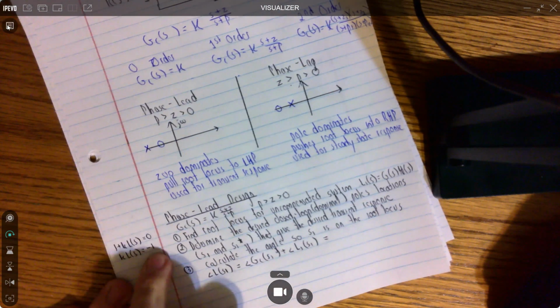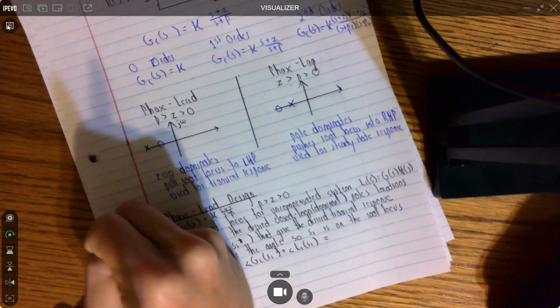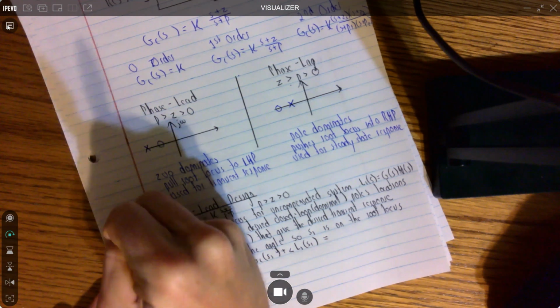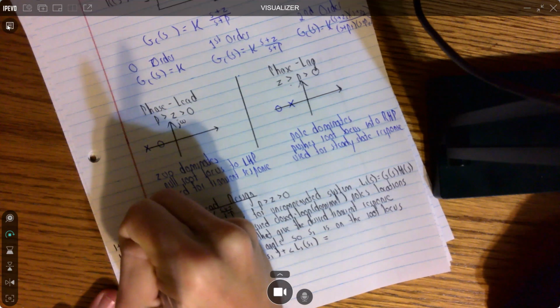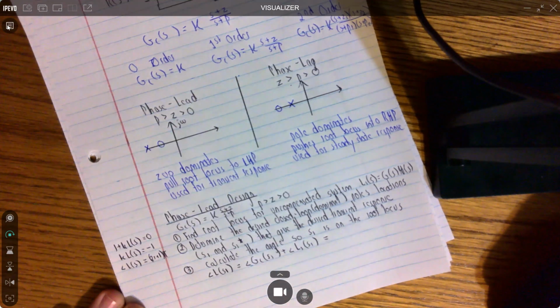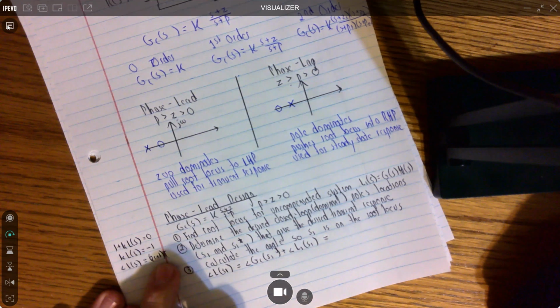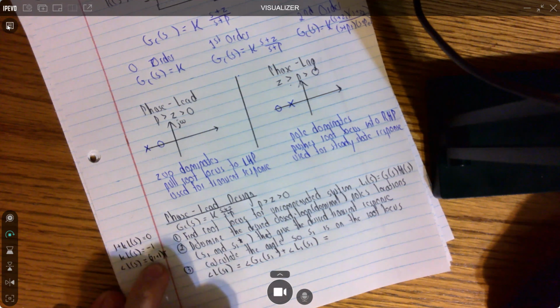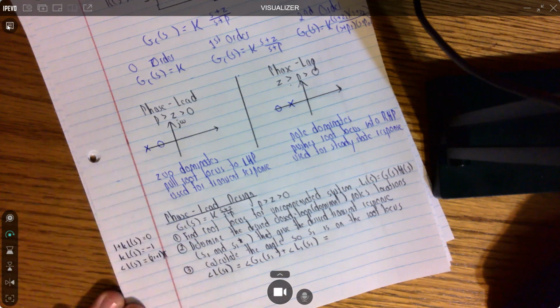Remember, -1, if you take the angle of this, it's basically just going to say your angle of L of S is going to equal, and then here it would be 2r plus 1 times pi. And so that's what we have here because that's how we represent it. It's pi, and just keep repeating pi. Because if r is 0, you're at pi. So pi is -1 on the unit circle.